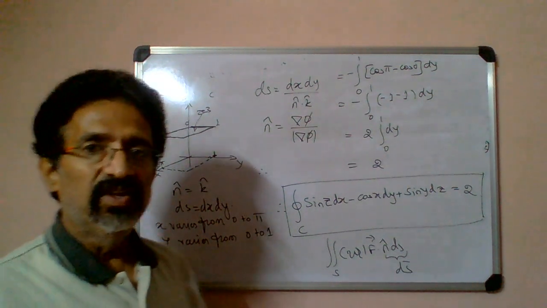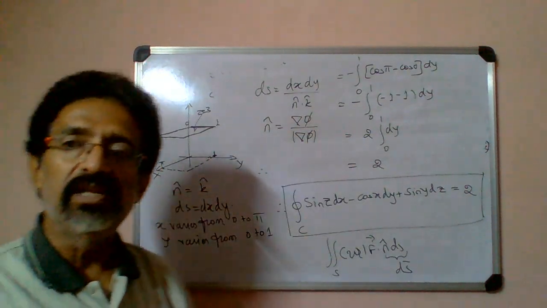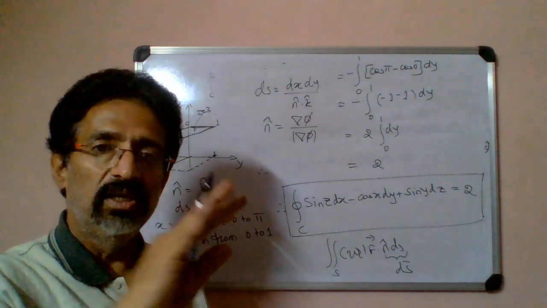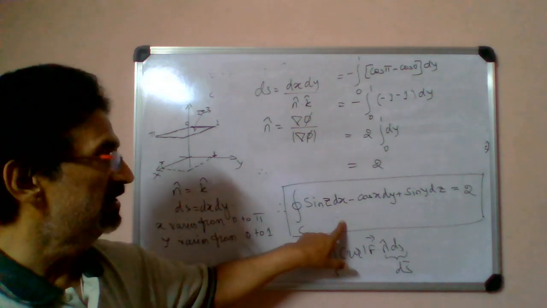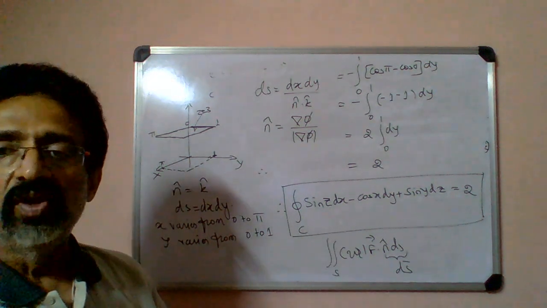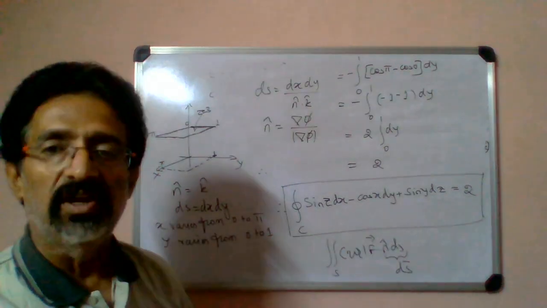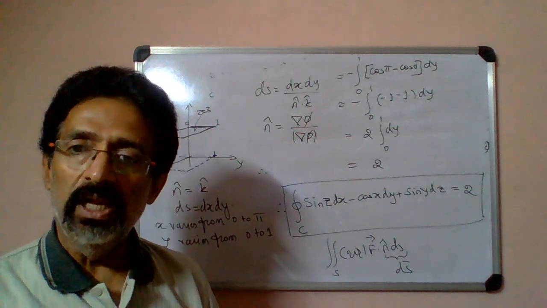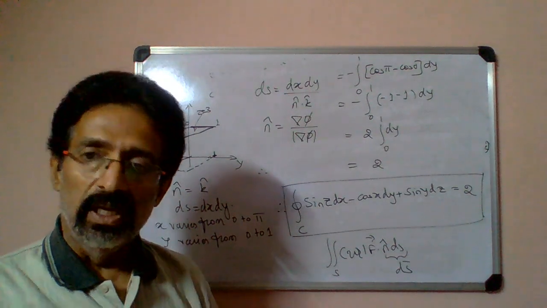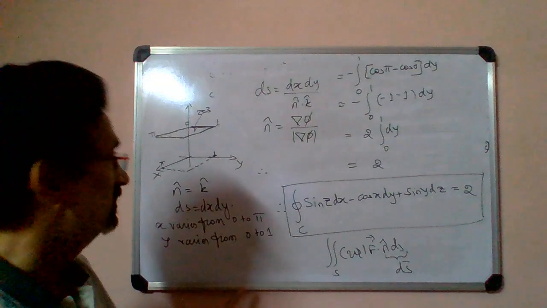The problem which we discussed just asks to evaluate the following integral using Stokes theorem. Instead, suppose the question is to verify Stokes theorem for this particular integral. Now you know how to find the double integral, and that becomes my RHS, which is 2.